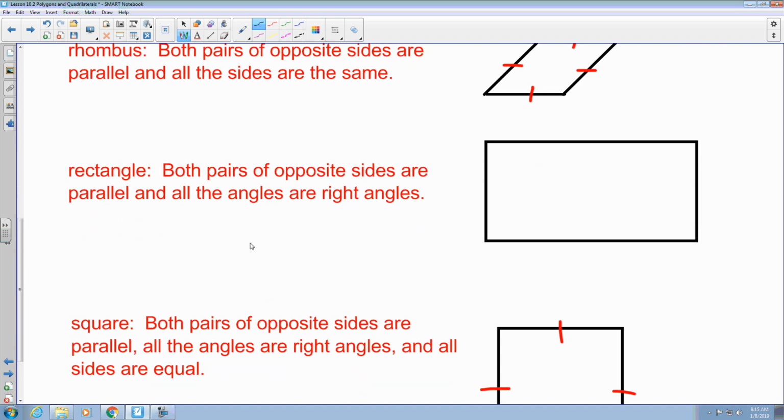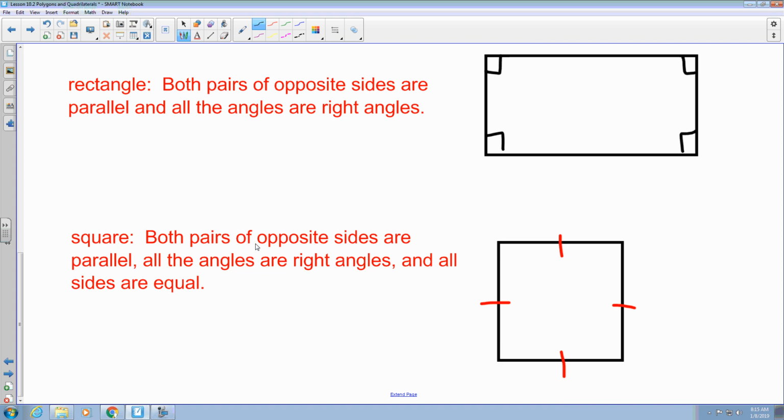A rectangle has the same characteristics as a parallelogram, except each interior angle is 90 degrees. And a square has the same characteristics as a parallelogram, as a rectangle, and as a rhombus, because not only are both pairs of sides parallel, not only are all four angles 90 degrees, but all four sides are equal.